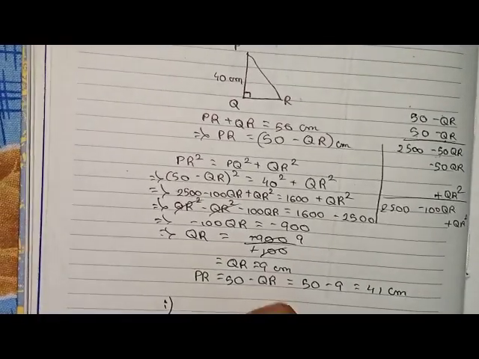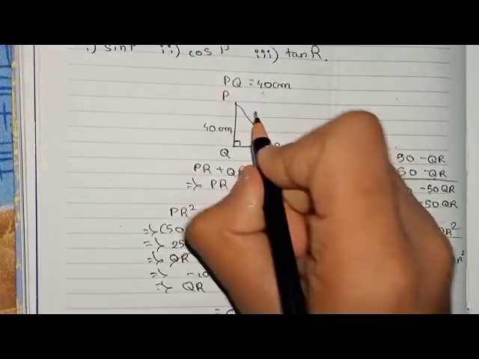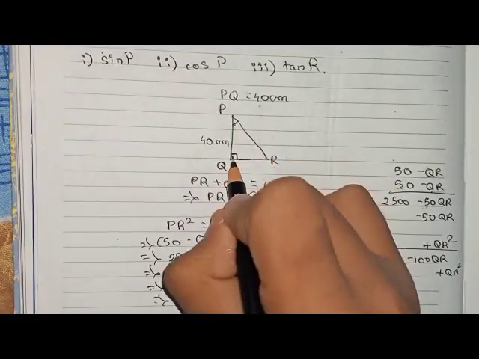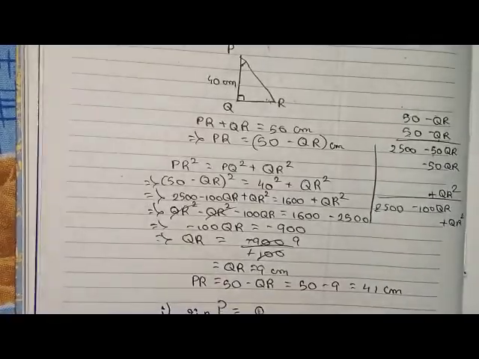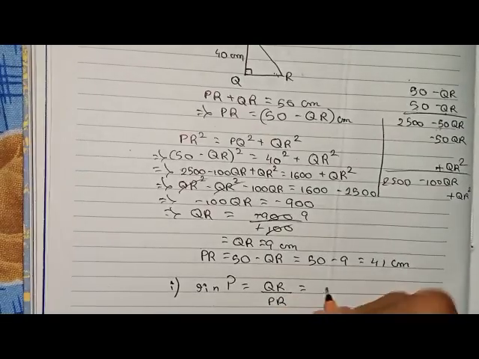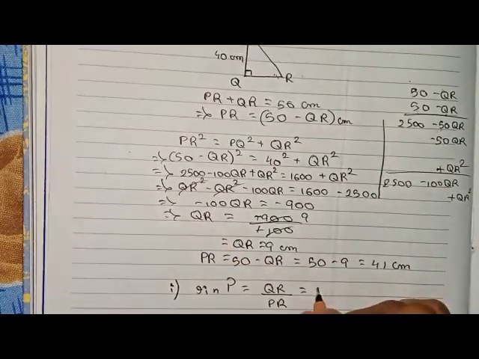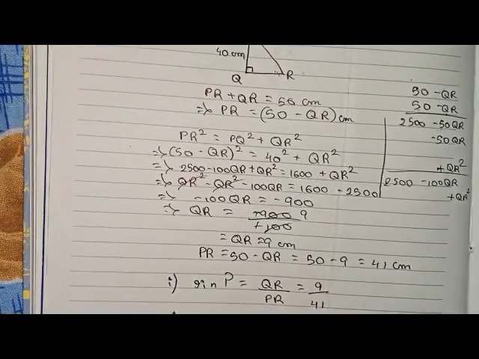So now question number 1, sine P. So here is the P. Sine is opposite, QR is the height, PR is the hypotenuse, so QR by PR. QR value is 9 and PR value is 41, so 9 by 41 first.